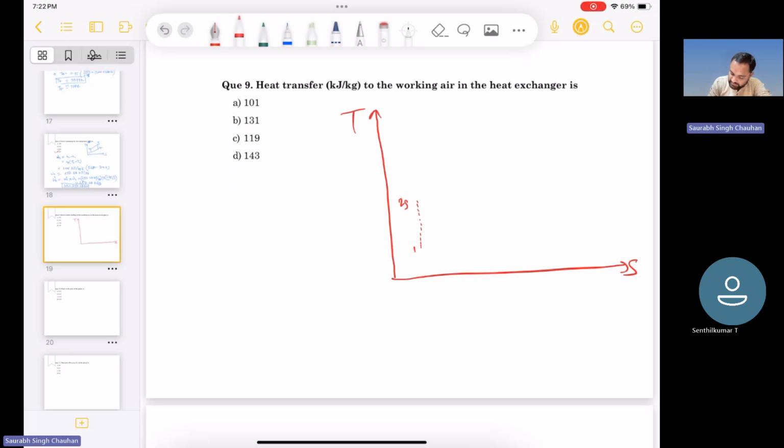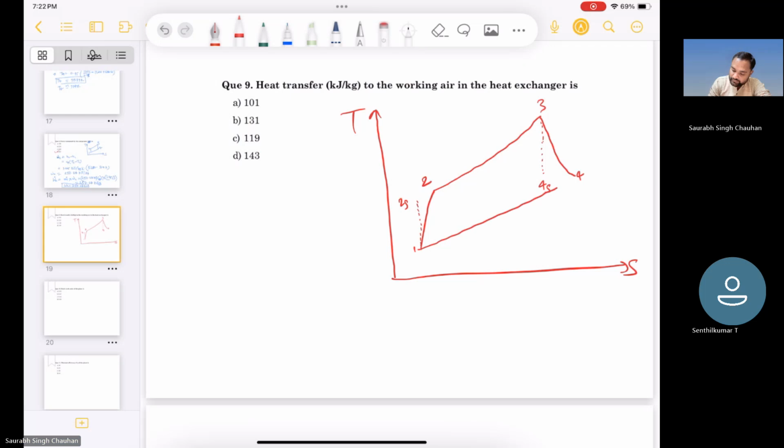So first of all, 1 to 2s, but actually we have 1 to 2. Then 2 to 3 heat addition, and then 3 to 4s it would have been, but it is 3 to 4.